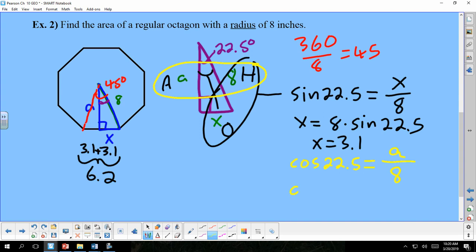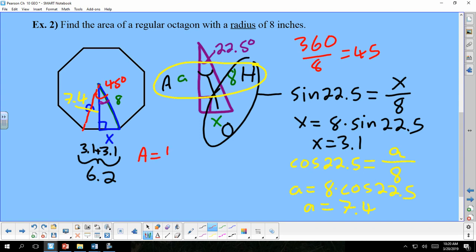So a equals 8 times cosine 22.5, or a equals 7.4. So 7.4, that's the apothem right there. So now I have everything I need to go ahead and find the area.